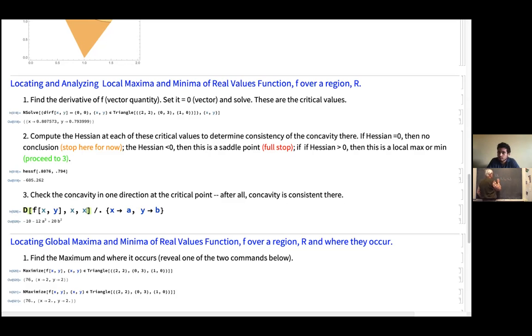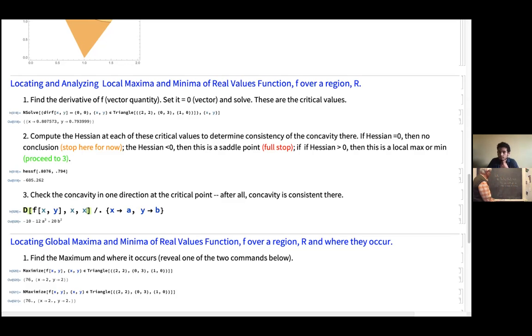And if this is bigger than 0, then the point you have, the critical point, is either a max or a min. But this being positive does not tell you which it is.